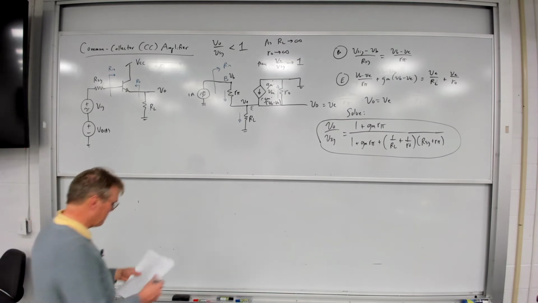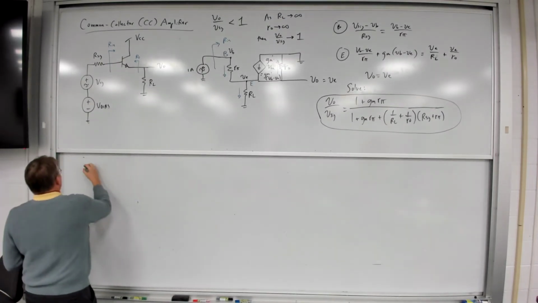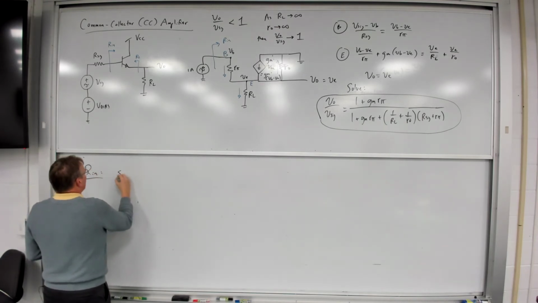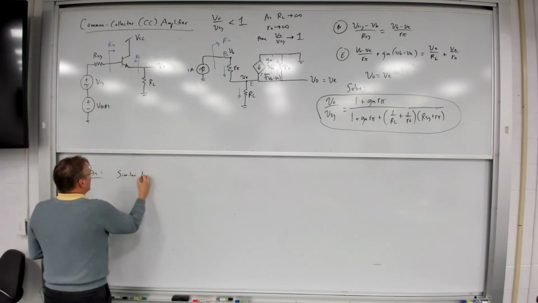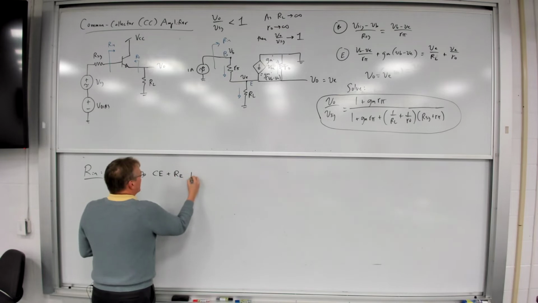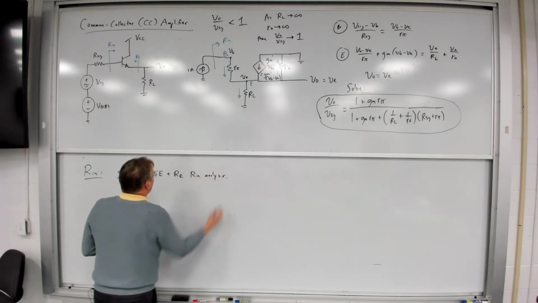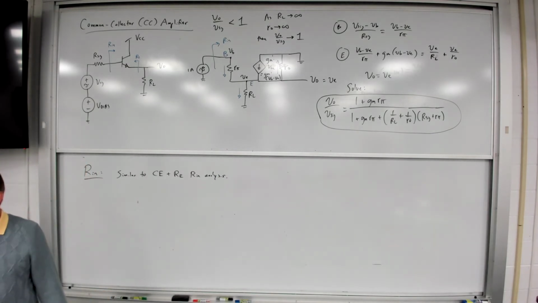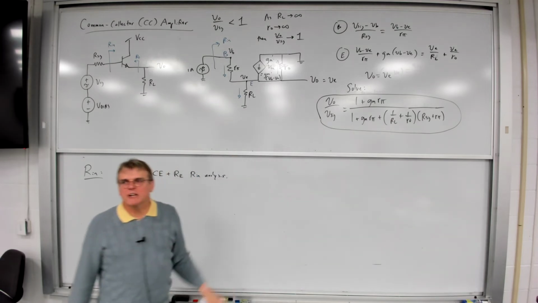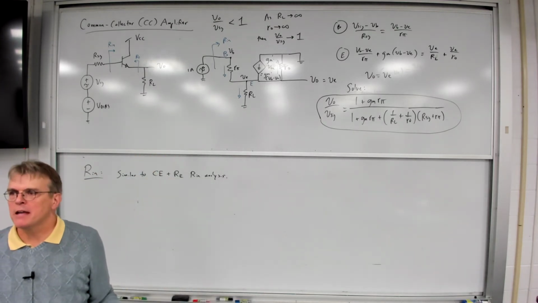All right. So for Rn, that's very, very similar to that. The only difference is I've got RL instead of RE, and I'm including that little r sub o. But other than that, it's the same.